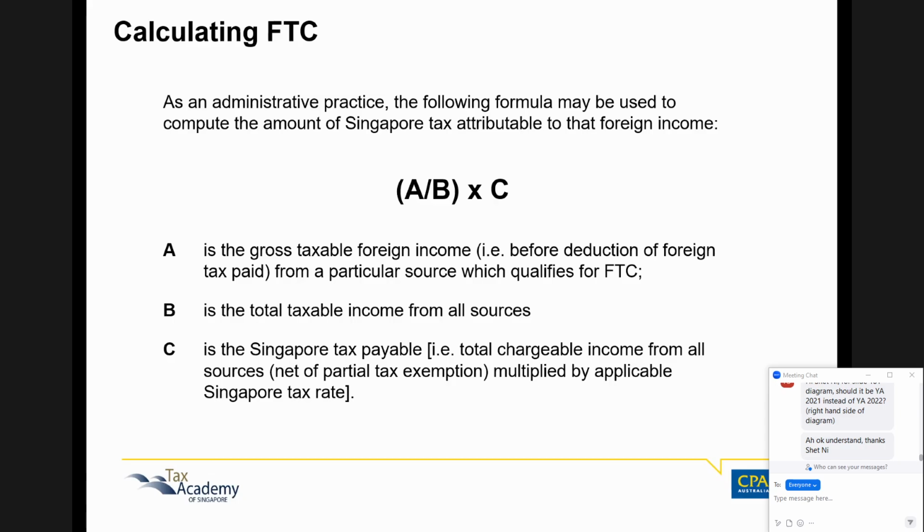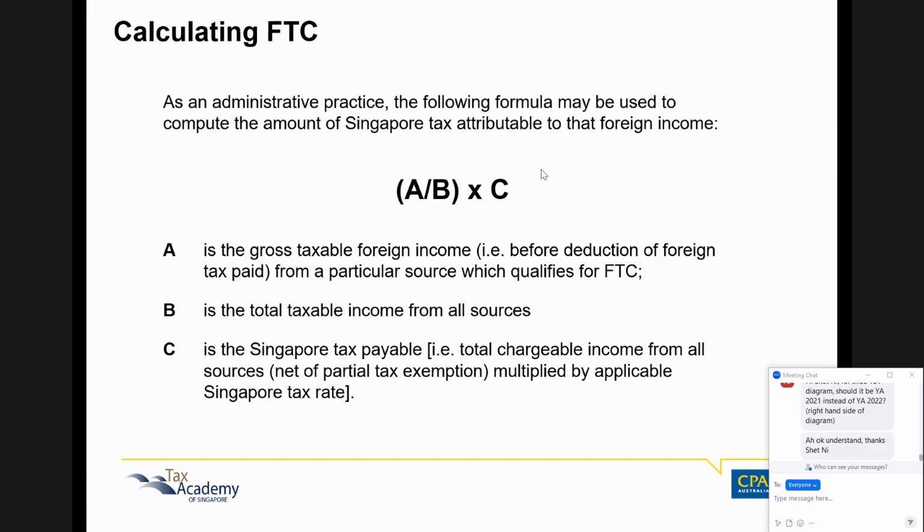So this is the formula used. This is actually a very general formula, because sometimes it can be more complicated than this. But we just take a look at the formula. A is the gross taxable income of foreign income. B is the total taxable income from all sources. Basically, I'm trying to work out the amount of Singapore tax attributable to that foreign income.